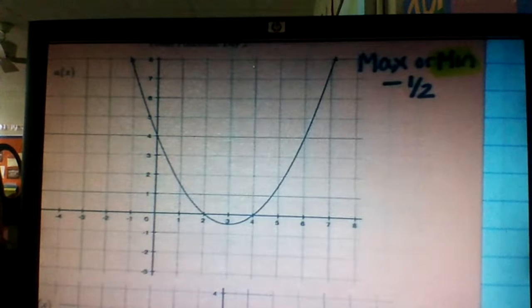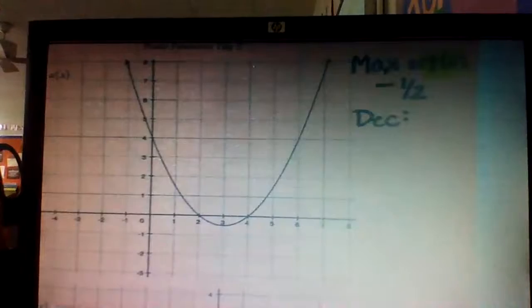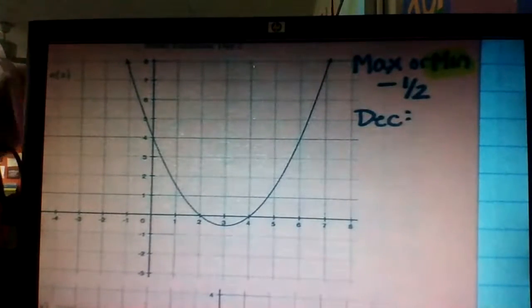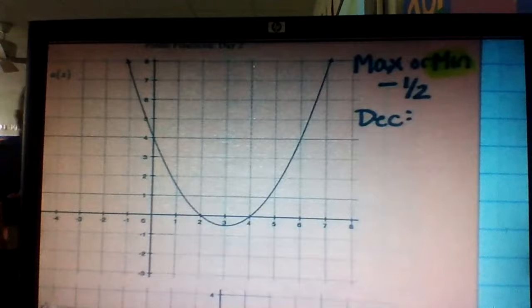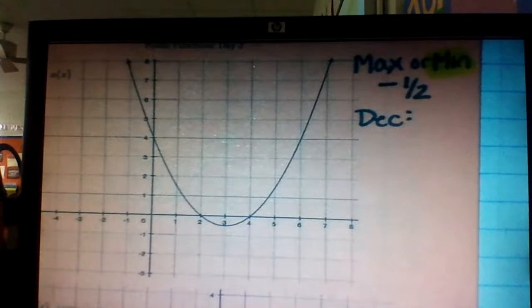Okay. Let's talk decrease. Am I decreasing on the left half of my graph or the right half? The left half. Remember, you read a graph from left to right just like you do a book.